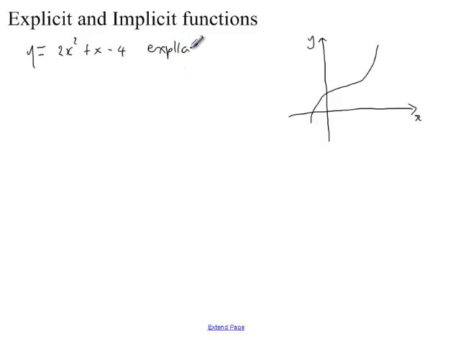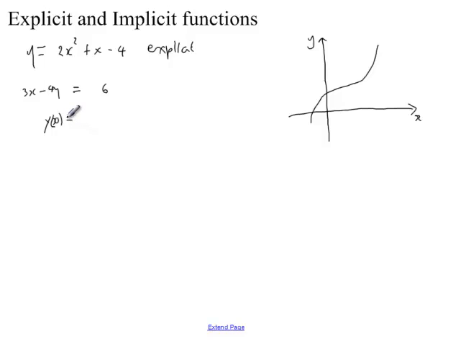This is what you can call explicit. Let's write there explicit. But on the other hand, sometimes you find yourself given a function this way, 3x minus 4y equals 6. In this situation, we must still have in mind that we're dealing with a function of x altogether.